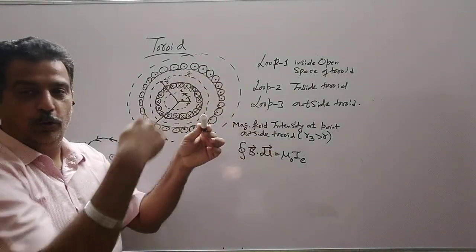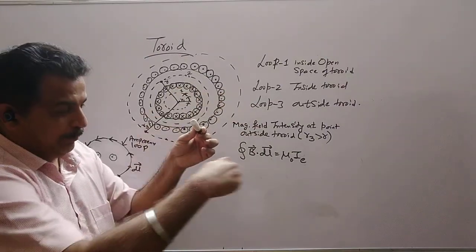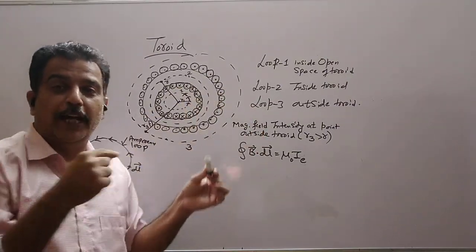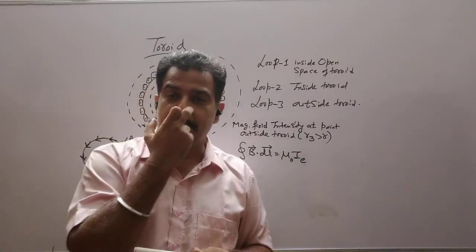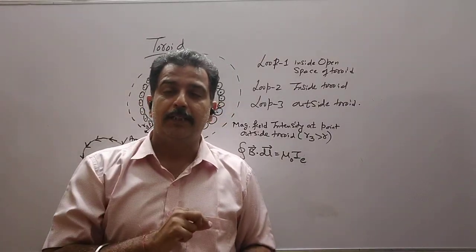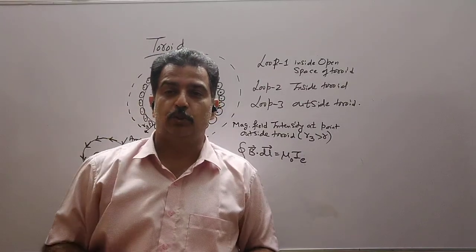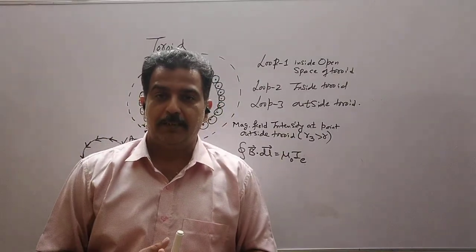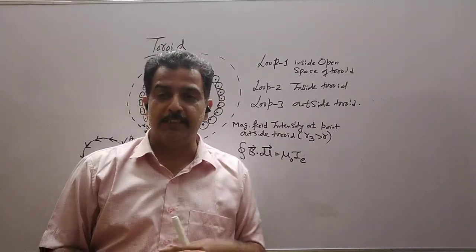So there is no issue about this. So if the magnetic field is anti-clockwise, I will take dl also anti-clockwise, because the condition for the Amperian loop, if you remember, is that B should be either tangential to the line element, or it should be normal, or B should vanish. Then only the Amperian loop becomes easier.